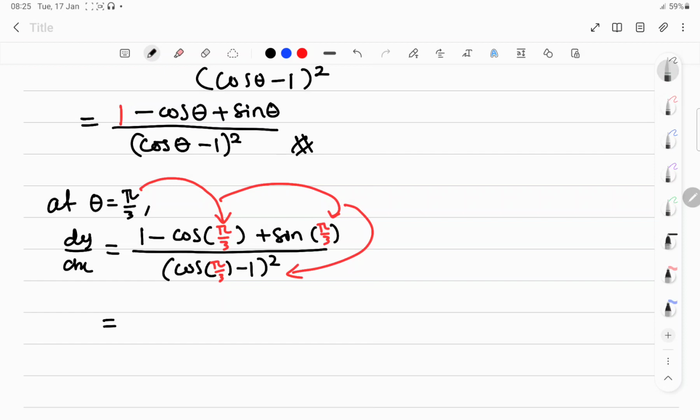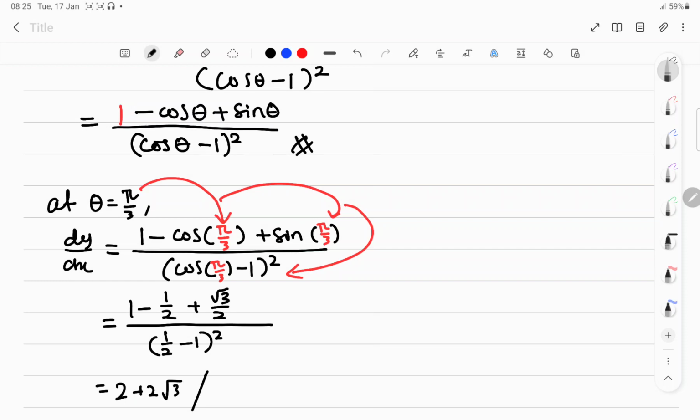So what we have, if you use your expensive calculator, you should get 1 minus 1 over 2 plus square root of 3 over 2, over half minus 1 all squared, which is 1 over 4. But if you push everything in your calculator, you should get 2 plus 2 root 3. Or if you use the cheap black one, you should get 5.464.